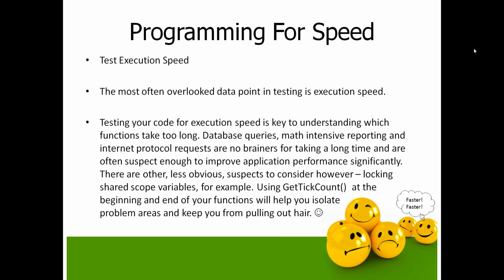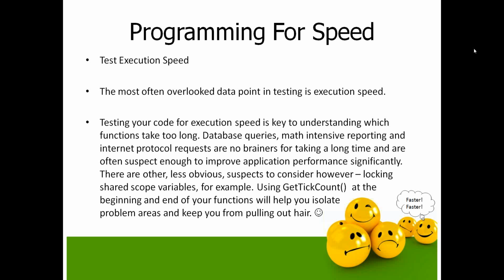Locking shared scope variables, for example, is a less obvious suspect to consider, but that actually does blocking on your application or whatever scope that you're in, for that matter, and that can cause your application to slow down as well.